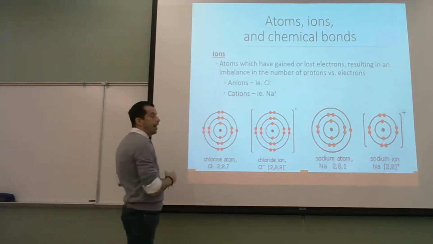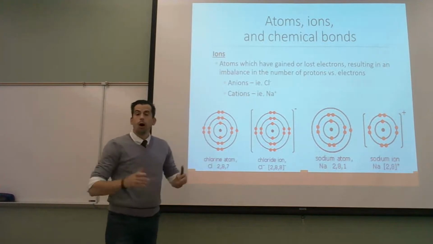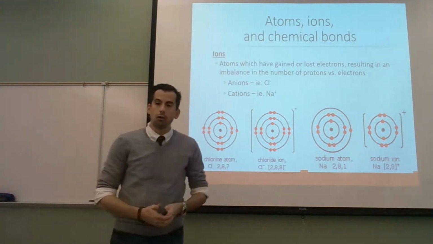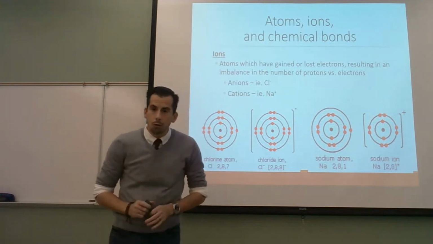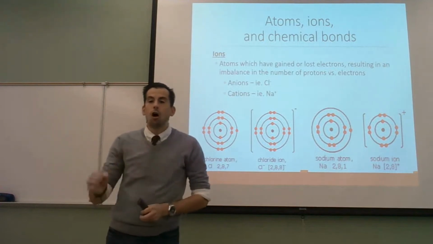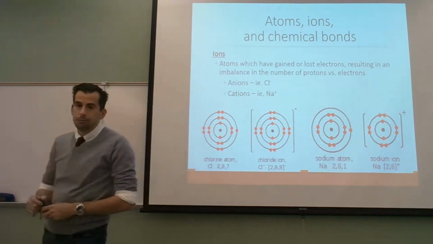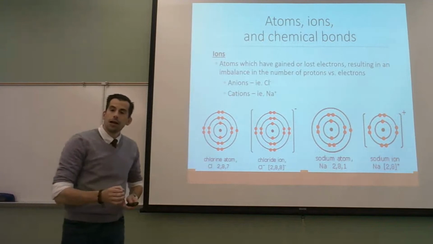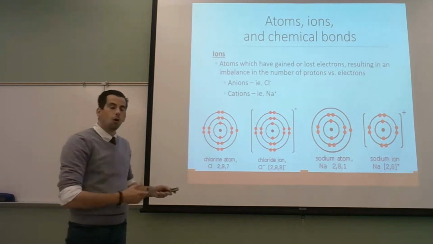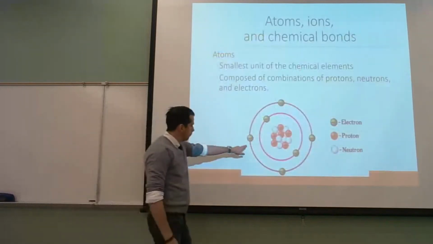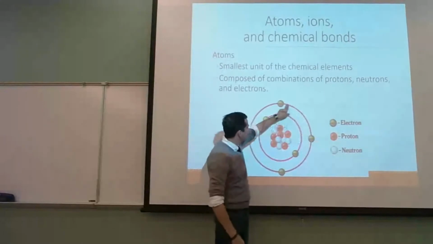What makes an atom want to change its number of electrons? That's really straightforward. An atom is always going to strive to fill its valence level orbital. Remember, the valence level was the outermost ring.